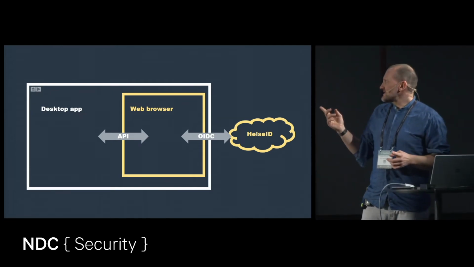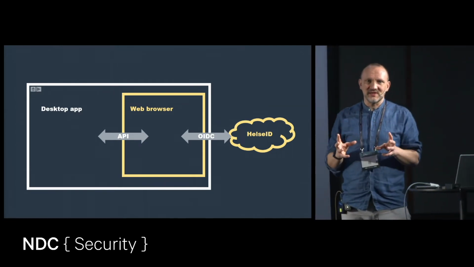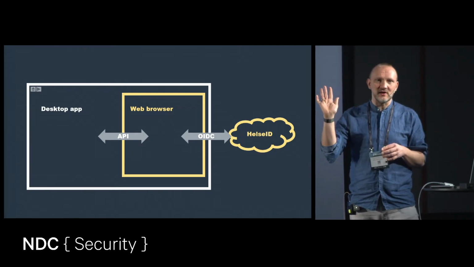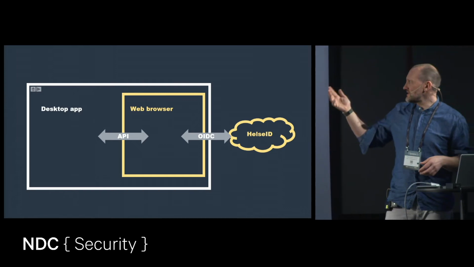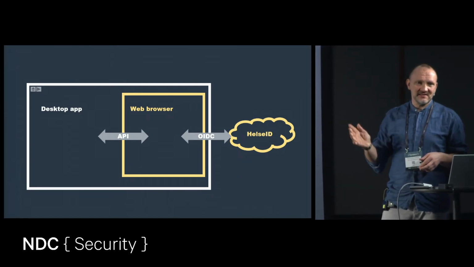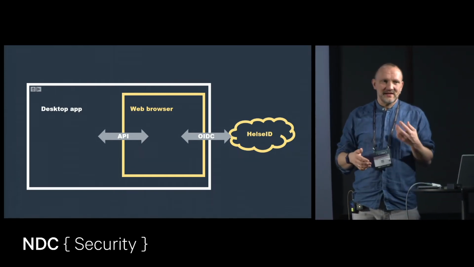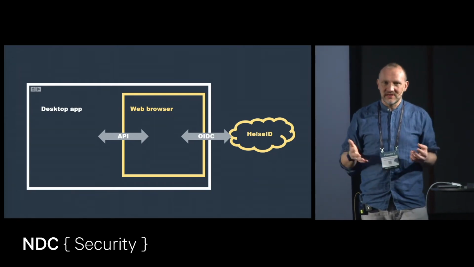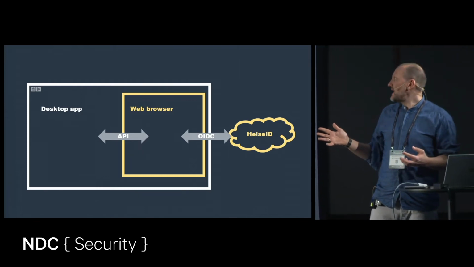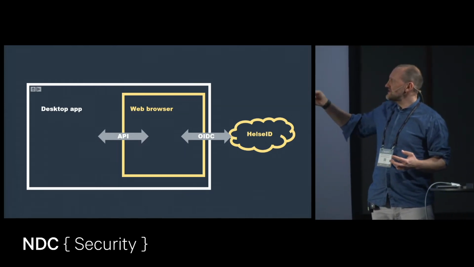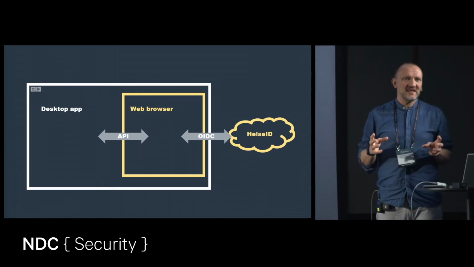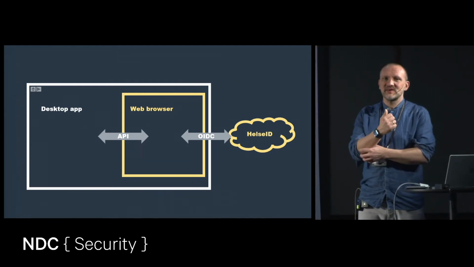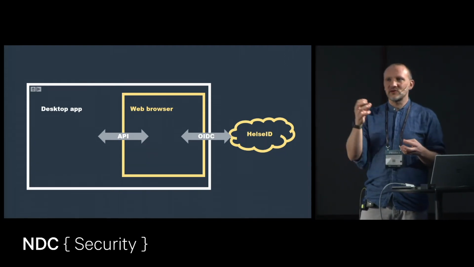One of the ways to integrate with HelseID is to include the web browser in your application and tell that web browser component, go to HelseID and ask for a logon. The web browser will then open the logon page in HelseID, offer the user, here are your options for logging on. They click on, select BankID, whatever, log on as normal. And when the process is done in HelseID inside the web browser, the application can either watch the traffic in that web browser component and pick up, okay, this is the callback from HelseID.